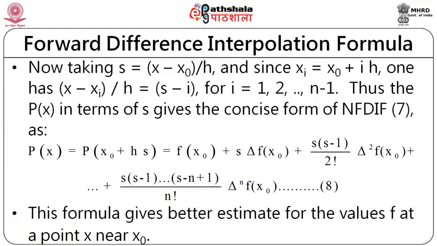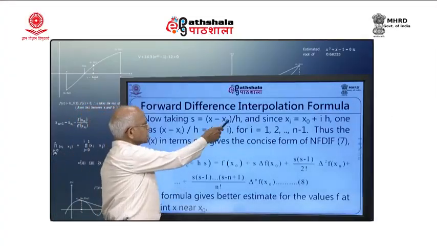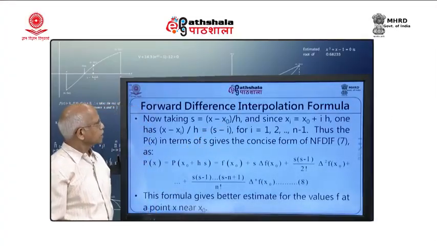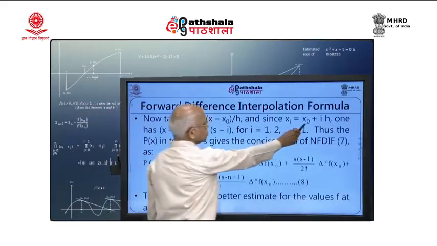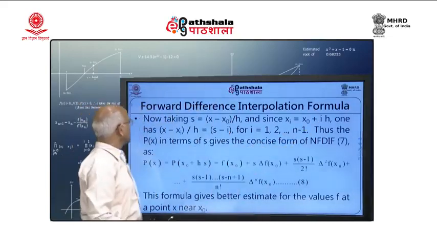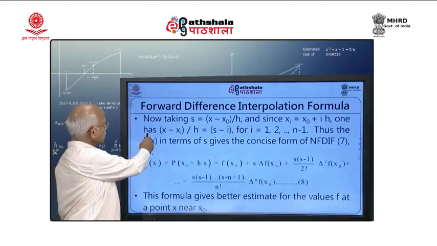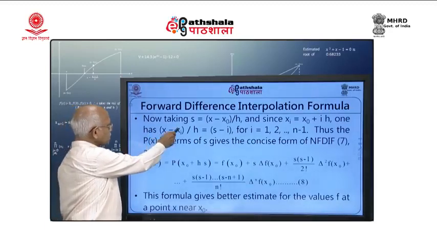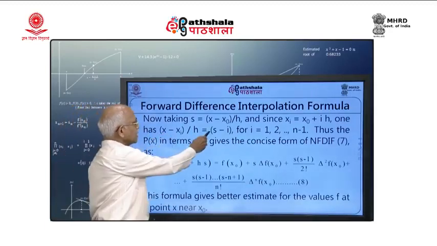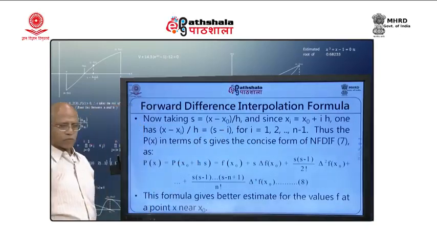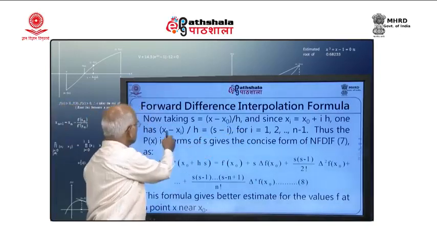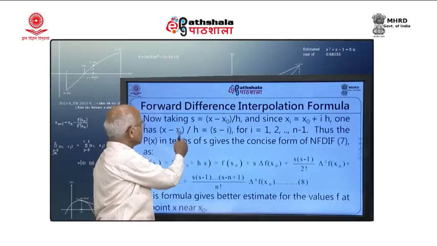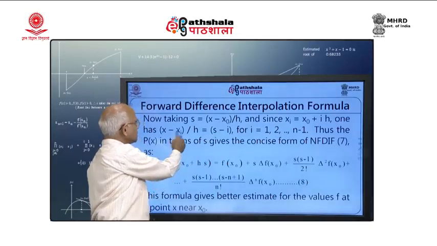So, if I take s as a new variable introduced for (x minus x0) by h, and since xi is equal to x0 plus ih, one has the clear idea that (x minus xi) by h will be given by s minus i, because xi is equal to this. So, x0 will be cancelled and we will be getting ih divided by h, which is s minus i.